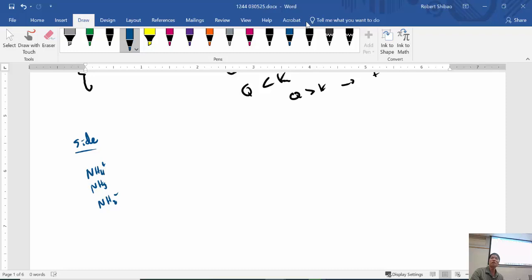All three species are good reducers. Because all three species are electron rich. Do you see that?